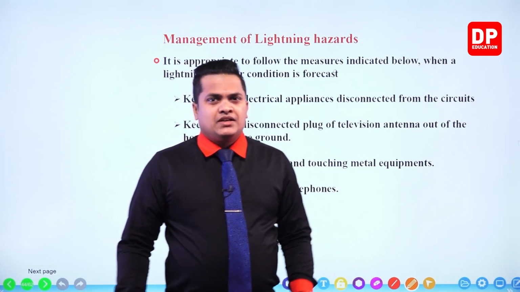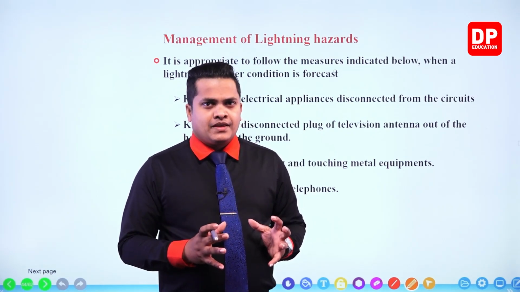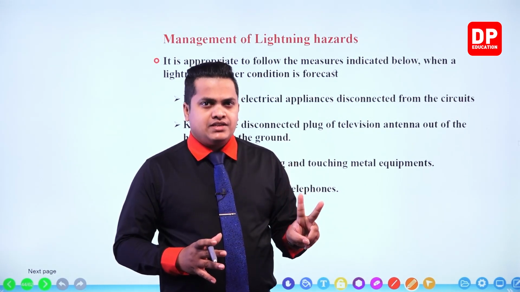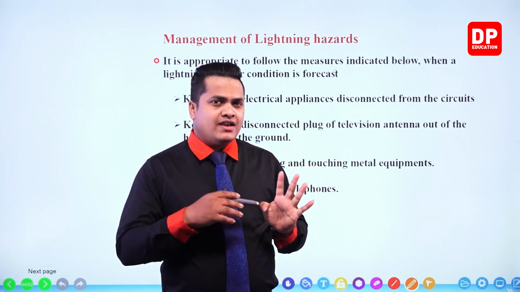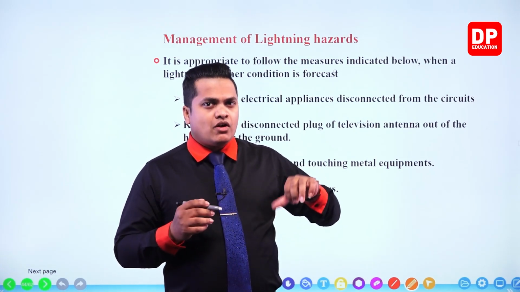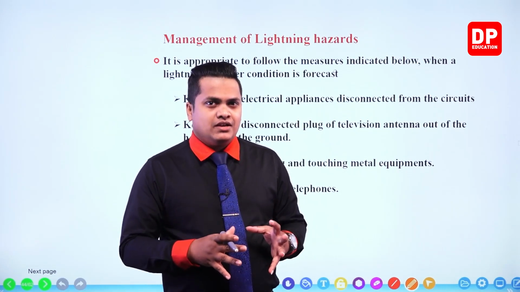It's because household electricity has two different lines, which are called the live wire and the neutral wire. Normally, by turning off the switch, we are disconnecting only the live wire.